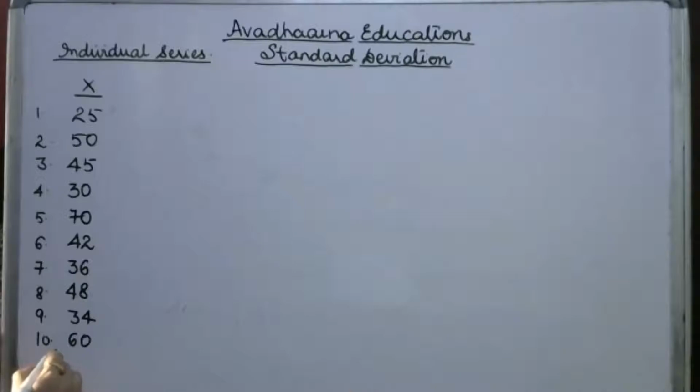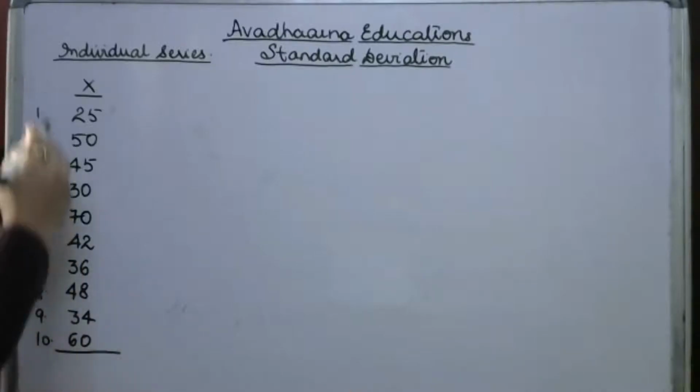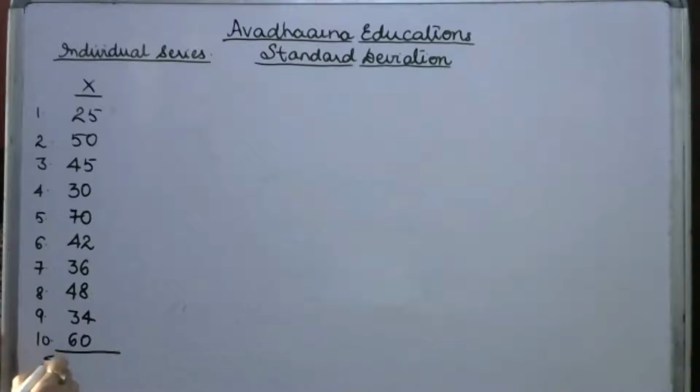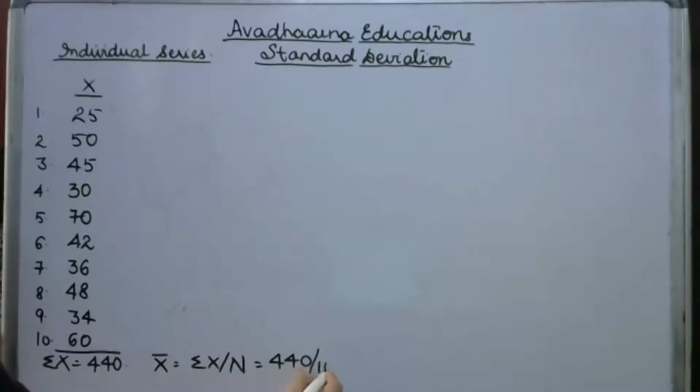Now for calculation of mean, let us take the summation of x values, and summation x in our case is 440. Now we know that mean is equal to the sum of all observations, summation x, over number of items n, which in our case is 440 divided by 10.